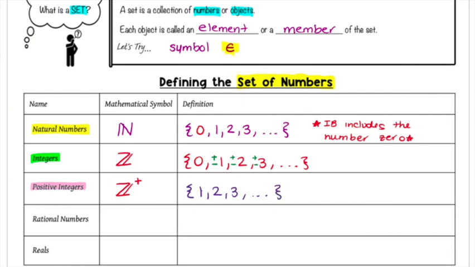The reason that IB does include 0 for the natural numbers is because they will refer to the positive integers. If we were to talk about the natural numbers without 0, it would conflict with the positive integers. So they're kind of linked together.